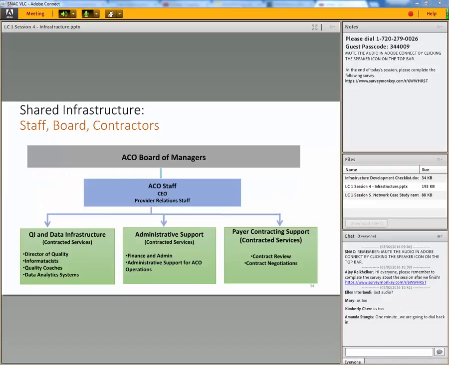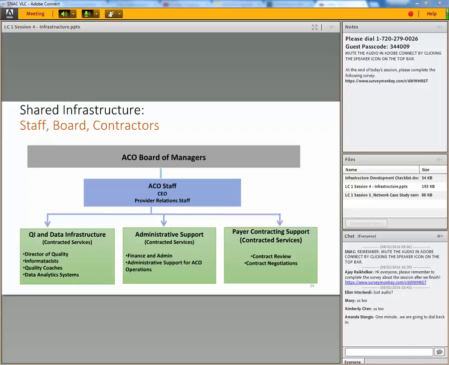Here's an example of a very common network configuration where a small staff reports to a board. That staff oversees 3 internal infrastructure functions: quality and data infrastructure, which is staffing and quality coaches, as well as some information technology systems to support quality improvement and data improvement, and contracted services for admin.